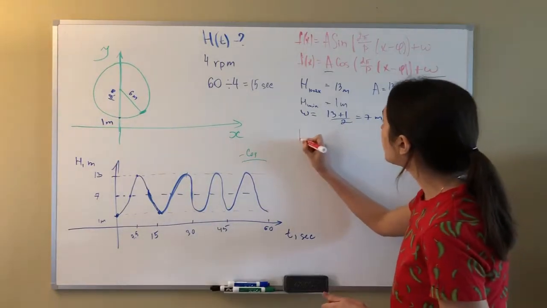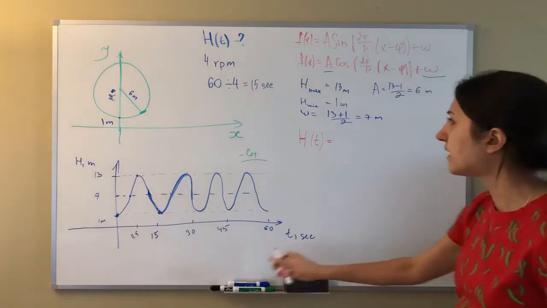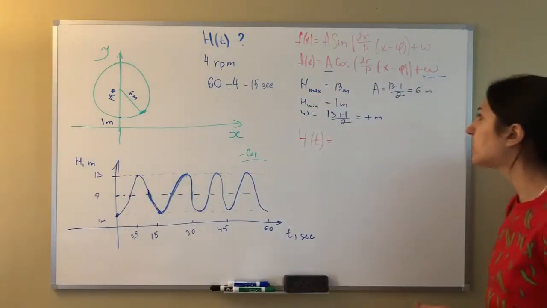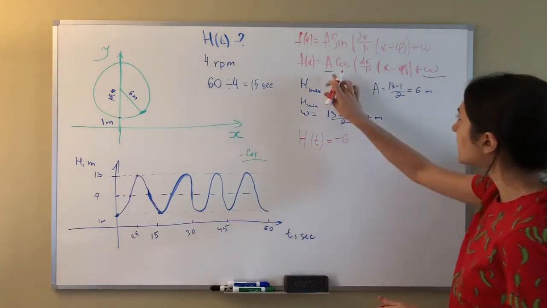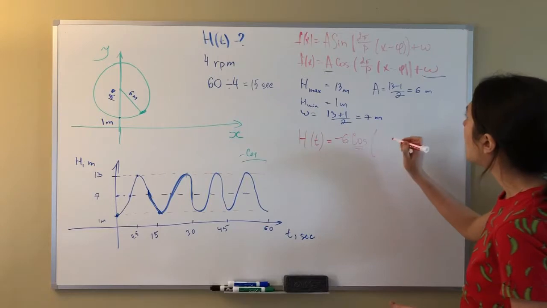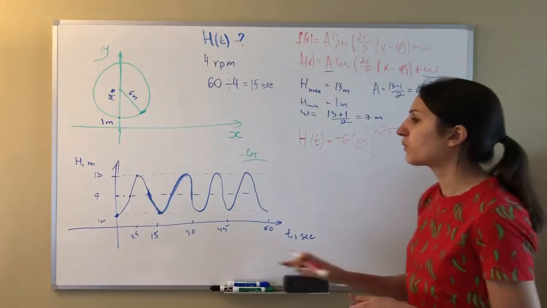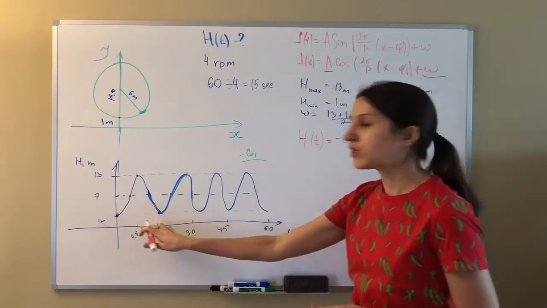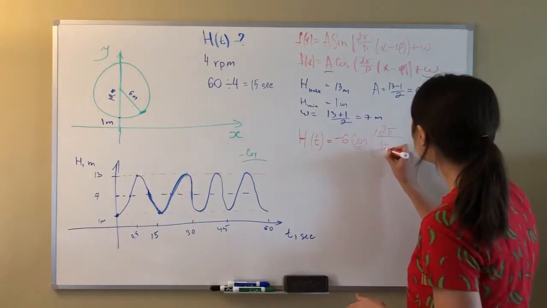So let's put that: height versus time in seconds, height in meters, will be negative 6. So it's our amplitude. We already know that it will be cos. Now, 2 pi over the period. So the period, we already found that the full rotation will occur in 15 seconds. So that will be over 15.